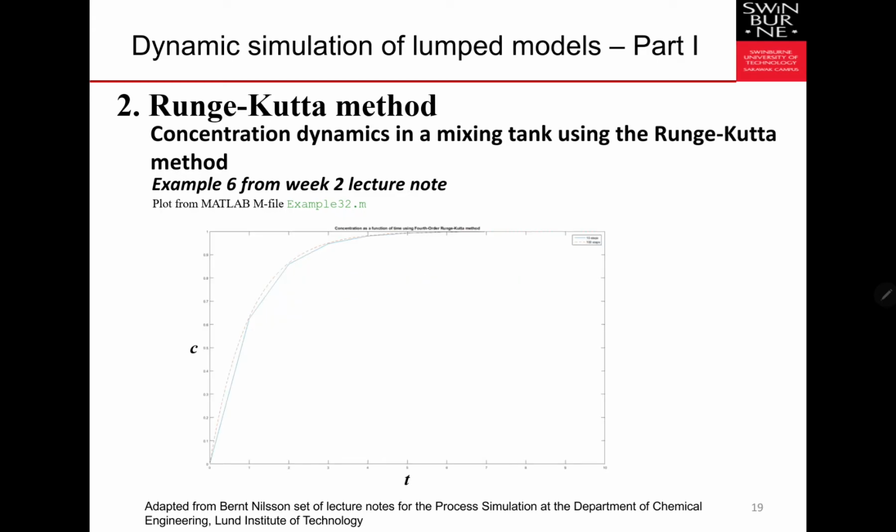As we can see here, this blue one is the 10 steps one, whereas the dashed line is the 100 steps one, which is smoother in terms of the curve.